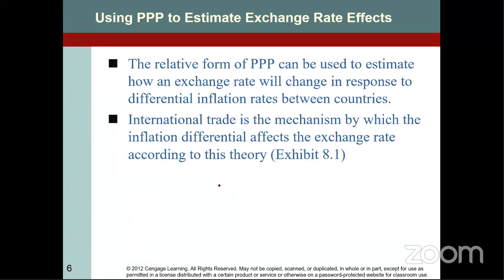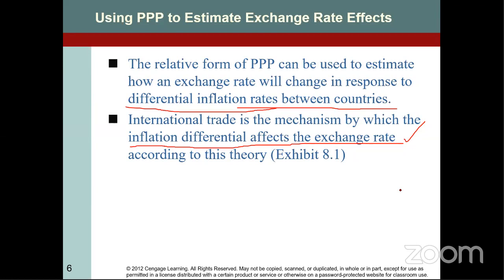In the next slide, we will discuss the relative form, what we call the differentials. This is what I already discussed, the differential of rates. The differential of rates will show how different inflation rates affect the exchange rate. You see now why Trump has decreased the Federal Reserve rates to almost zero. It means their inflation rate is decreased in the US and our inflation rate is about 4%.